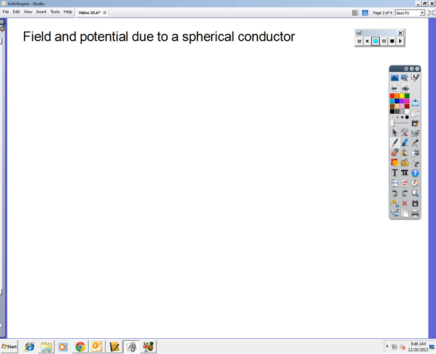So if we have a spherical conductor, a ball of radius capital R, what does the field and the potential do to that? Well, let's say we've got charge of plus Q on it, which resides on the edge.